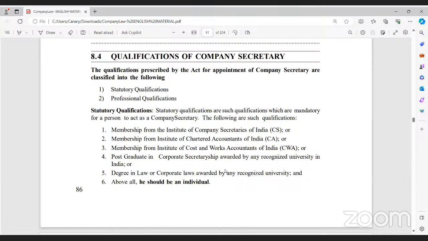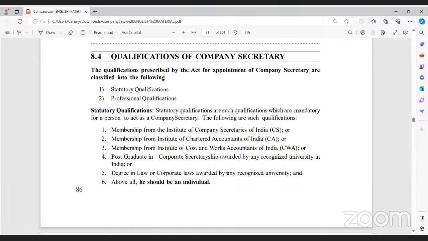Or he must at least possess a postgraduate degree in corporate secretaryship or a degree in law or corporate laws. Finally, he should be an individual, not a firm. You may get a doubt: what does individual mean? A company should not appoint a firm that undertakes company secretarial practices.